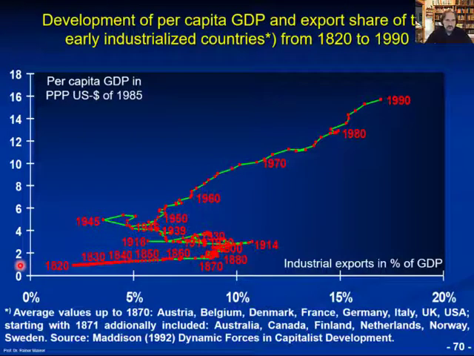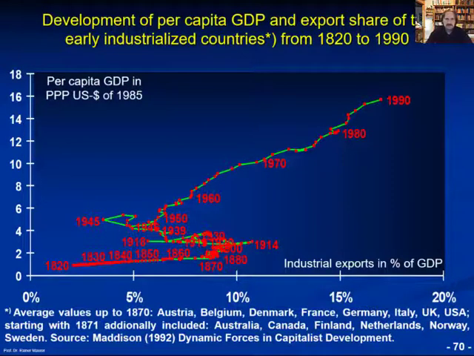The industrial exports of these countries are measured on the x-axis as a percentage of GDP. This is called the export quota. The green line now shows the development of the average per capita GDP and the average share of industrial exports in percent of GDP of these 14 leading industrialized countries.